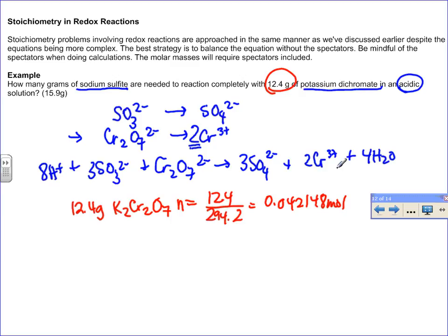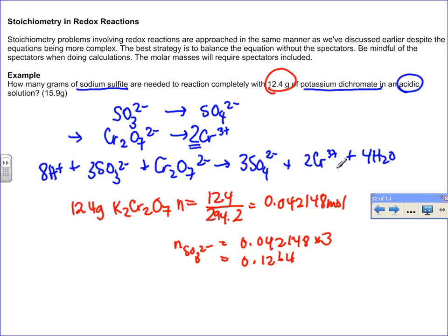Then we need to apply the ratio, much like we would in regular stoichiometry problems. So there's 3 times the amount of sulfite required. So the number of moles of the sulfite is 3 times that, which is 0.1264.